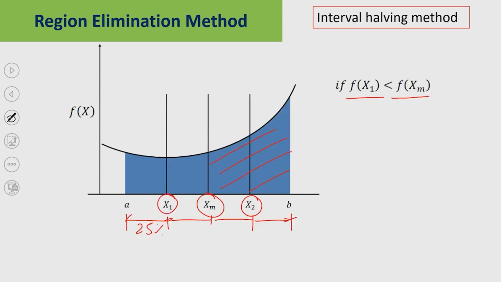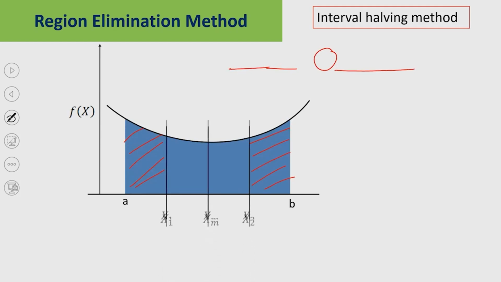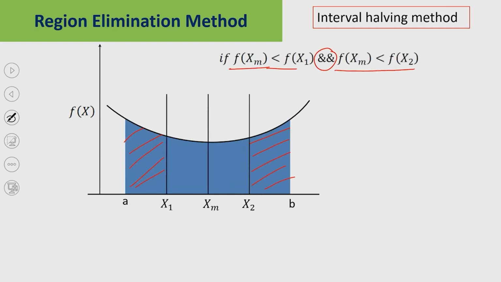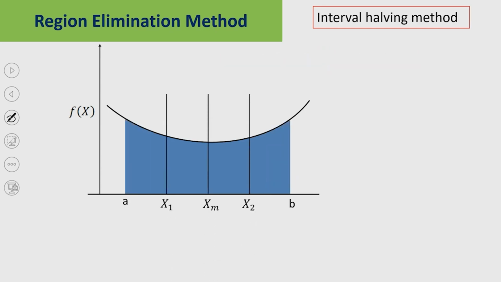The first one is f of x1 less than f of xm, then you eliminate 50% of the region. If f of x2 is less than f of xm, you eliminate this 50%. And if f of xm is less than f of x1 and also less than f of x2, then you can eliminate this 50% of the area. So, out of these 3, one condition will be true and you can eliminate 50% of the area. So, now what is the method?